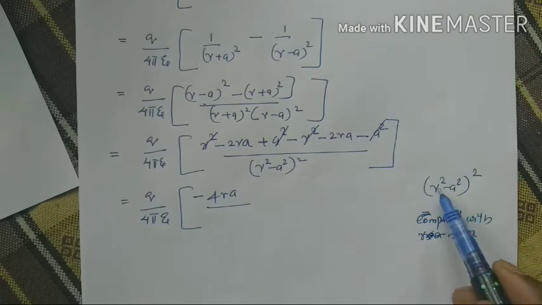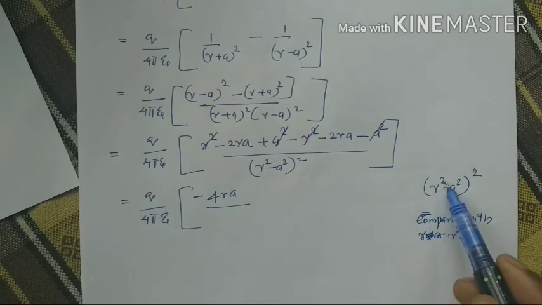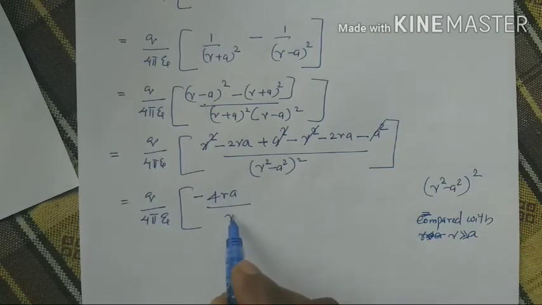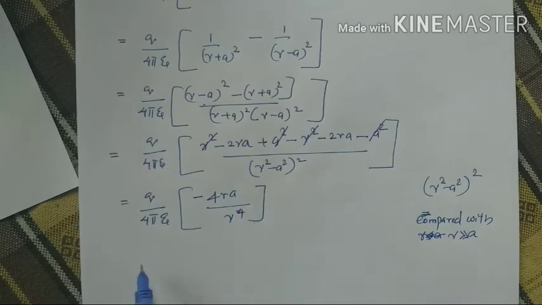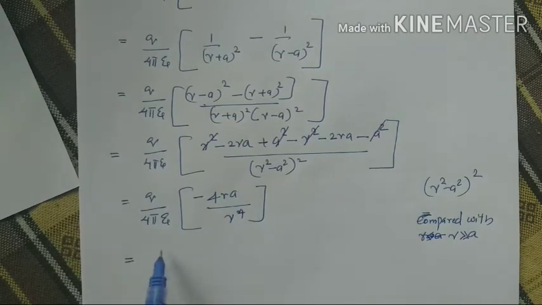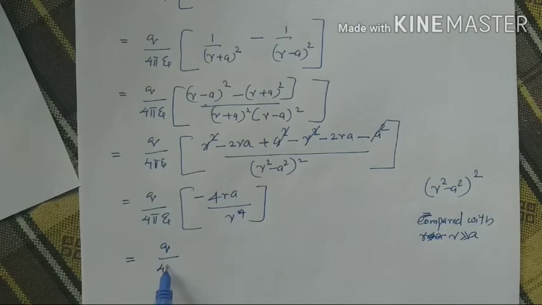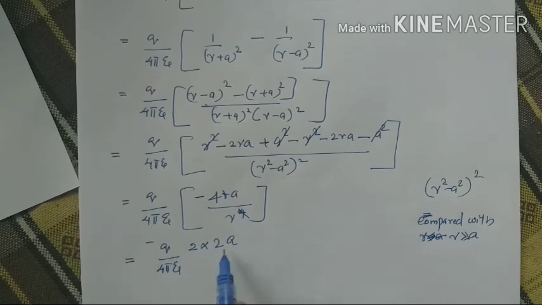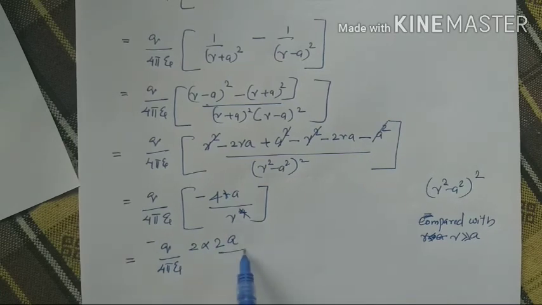So I can resubstitute this same equation, that is A will be cancelled. So (R square) the whole raised to 2 is equal to R raised to 4. So I can substitute in the equation, which is equal to Q divided by 4 pi epsilon 0. Now within bracket you can see that this R and R raised to 4 can be cancelled. Now 4 I can write as 2 into 2, so 2 into 2A divided by R cube.